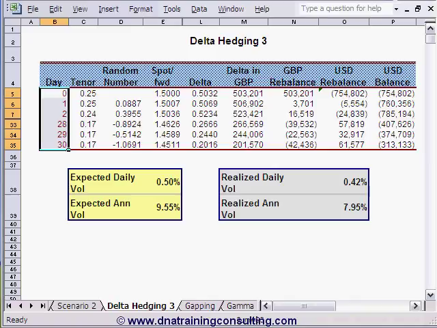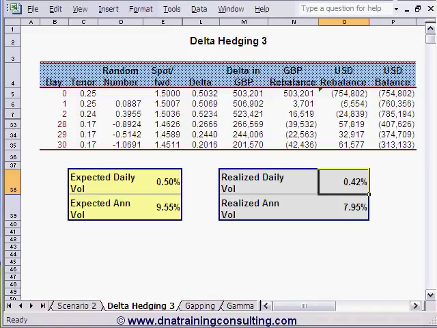And daily vol turns out, and we designed the random number generation deliberately to do this, to be, in this example, way below 0.75, and in fact much closer to the 0.5% that the dealer had anticipated. The worksheet shows the trader's position as it has evolved during those first 30 or 31 days.